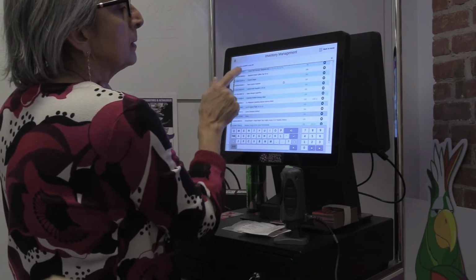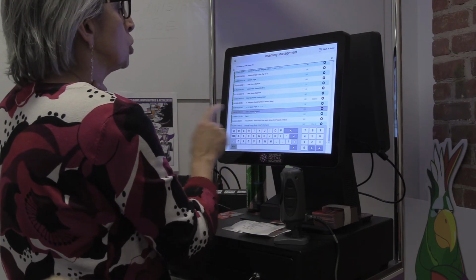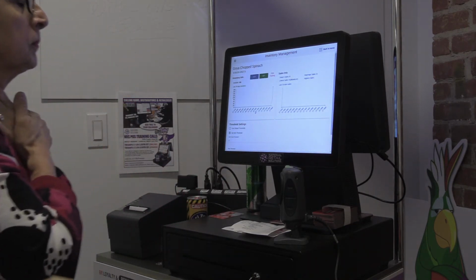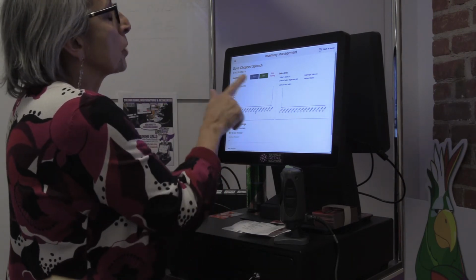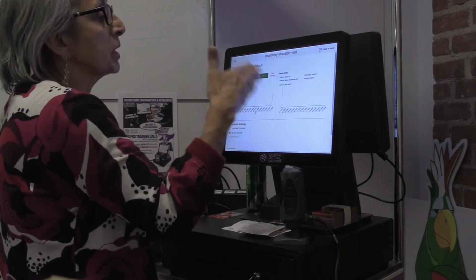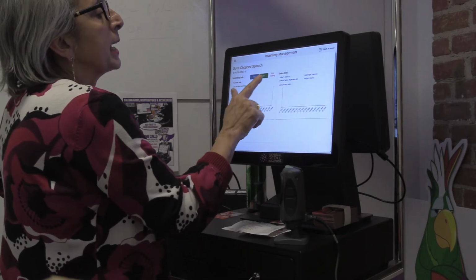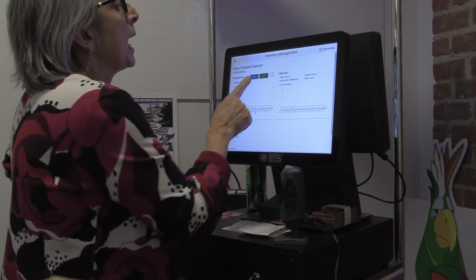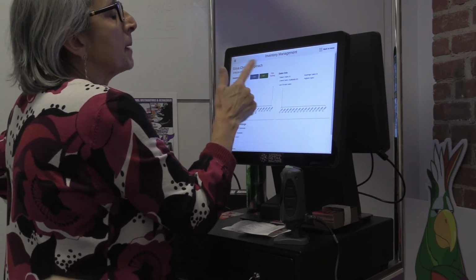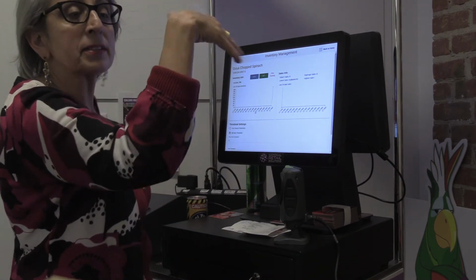Let's see, Goya. Where is my Goya at 180? Chopped Goya. Okay? I can see here the system can track for me. Eventually, when I start using the product, I can stop tracking it if I don't want to track it anymore. I can make a correction. Let's say it's not 180, it's 160.